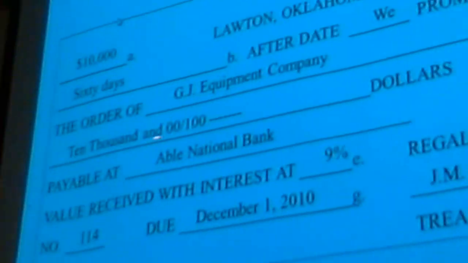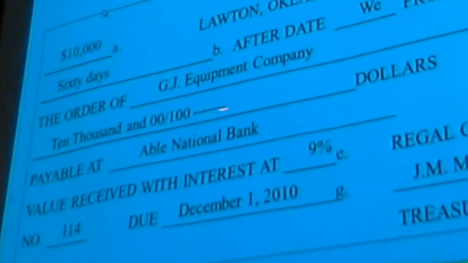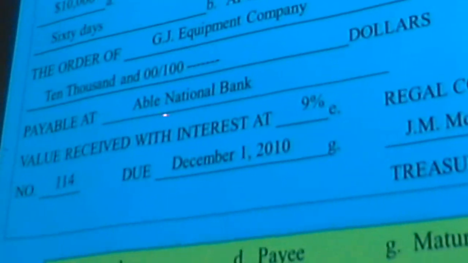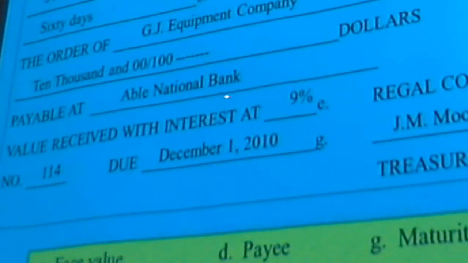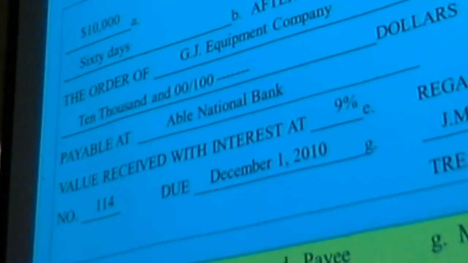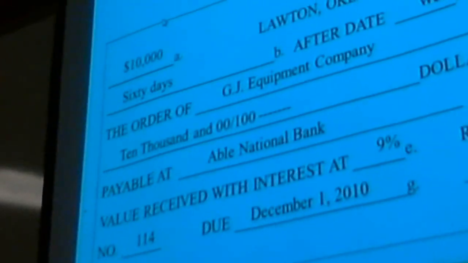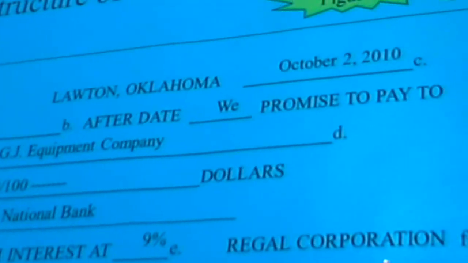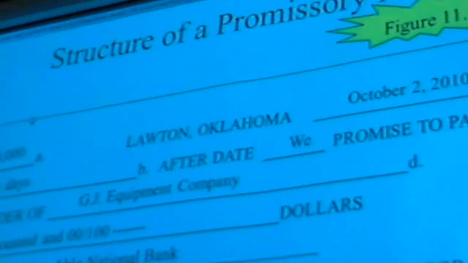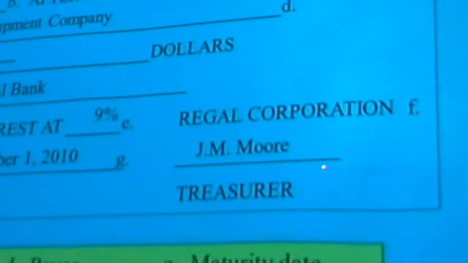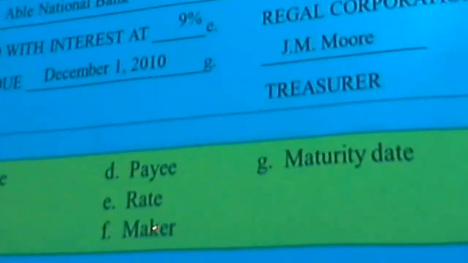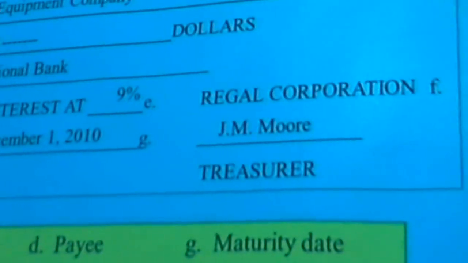This is the amount written in words. Looks like a check, doesn't it? Supposedly they have to cash it at Able National Bank or at their own bank. So either at the bank of the person who wrote it, the maker, who is the corporation loaning the money, the lender, or at the bank of the borrower, one of the two.